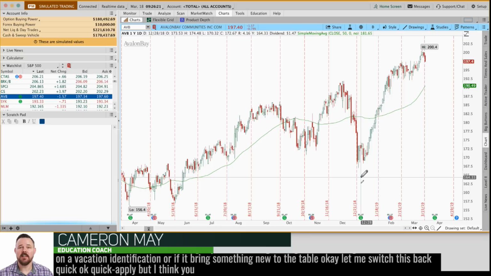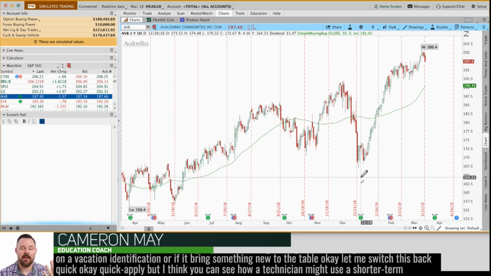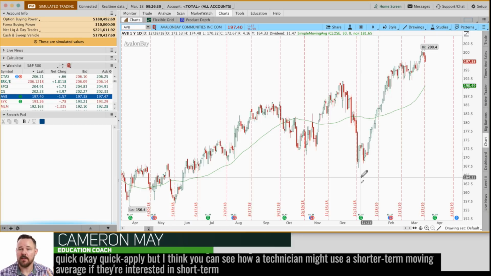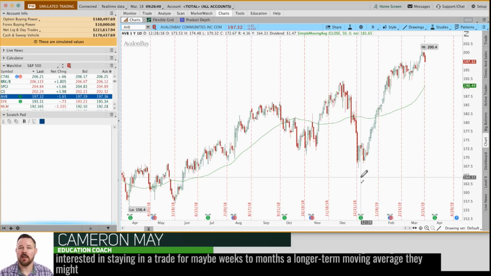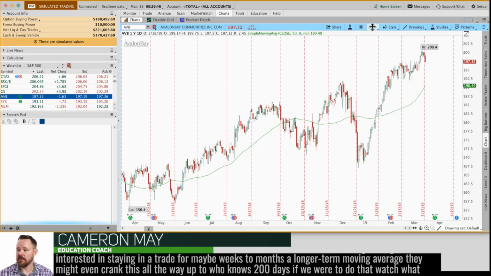But I think you can see how a technician might use a shorter term moving average if they're interested in shorter term trades, an intermediate term moving average if they're interested in staying in a trade for maybe weeks to months, or a longer term moving average. They might even crank this all the way up to, who knows, 200 days. If we were to do that, watch what happens.